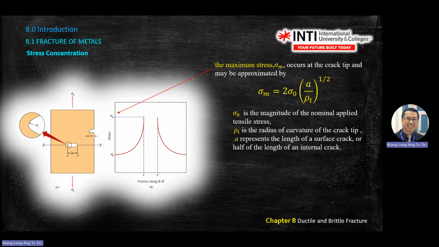But if you go deeper in, the stress will increase to a maximum where it has already failed. This is the maximum value at the location of the hole, the edge of the hole or crack.